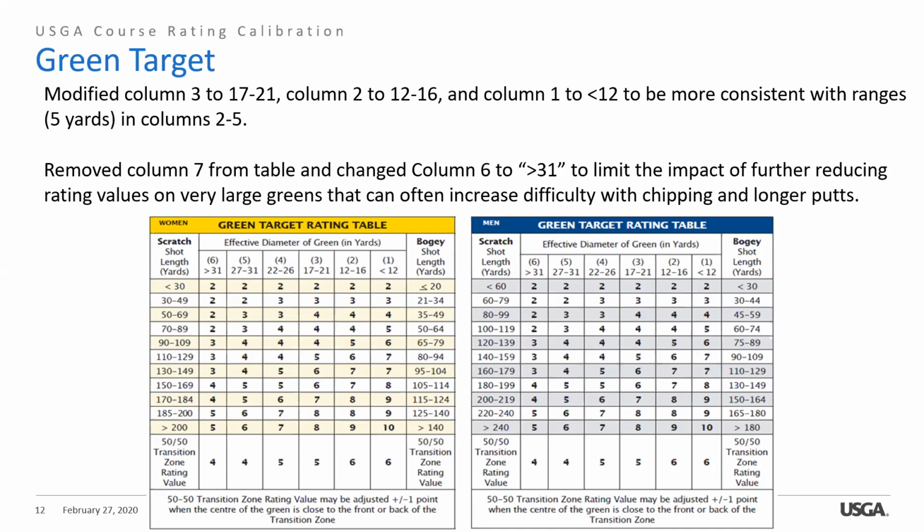When we re-rate a course every 10 years, which is our mandate from the USGA, we will apply these things this year, but we're not going to retroactively look at the 600 plus courses that are rated. To be honest, there are very few times we even got into column 7 anyways. None of these adjustments are a reason for us to go back and re-rate golf courses.